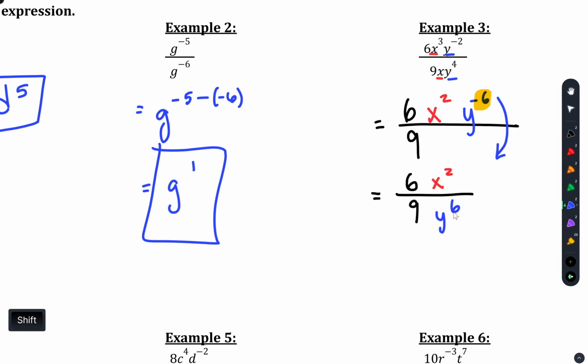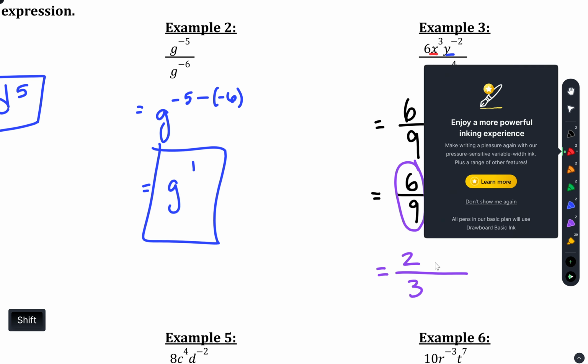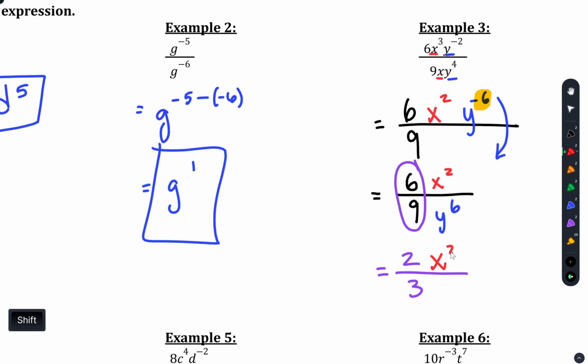Is this all the way simplified? What can I still do to it? I can simplify those numbers like they're a fraction. So 6 over 9 is the same thing as 2 over 3. Everything else stays the exact same.